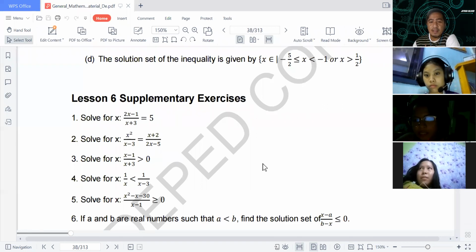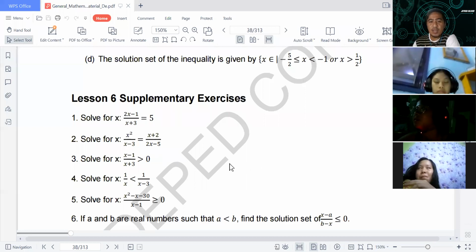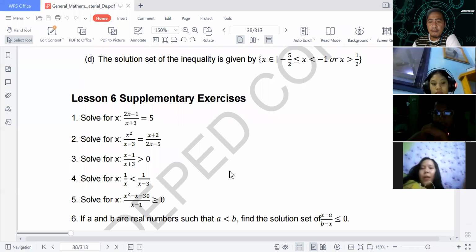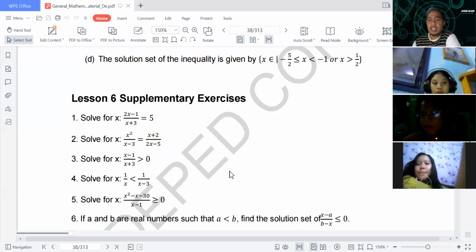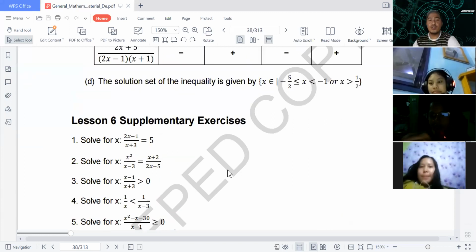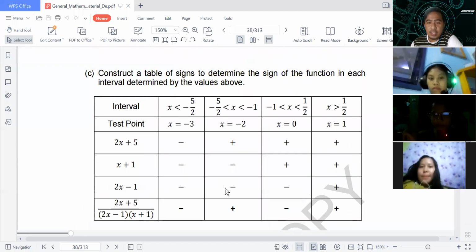Solve for the value of x. Then after you get the answer for x, the next step is checking. Checking against what? The original equation. Very good. You do the checking to the original equation.